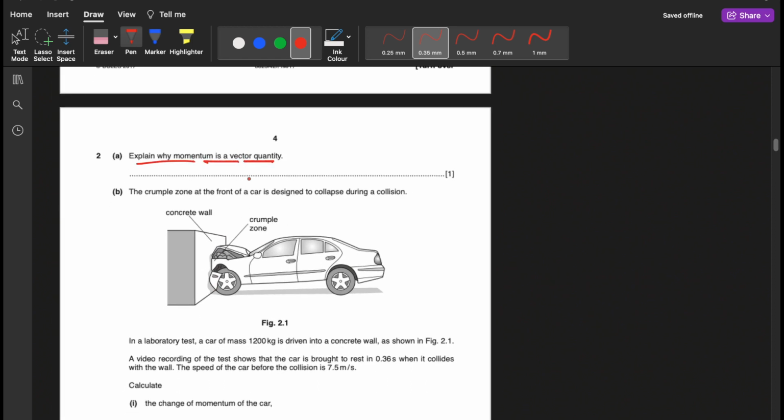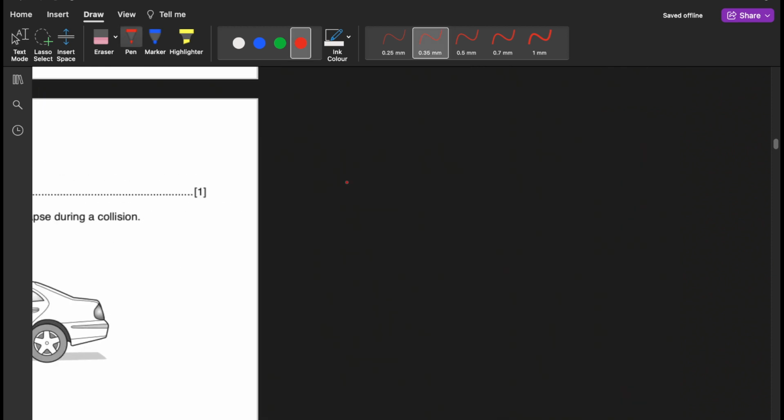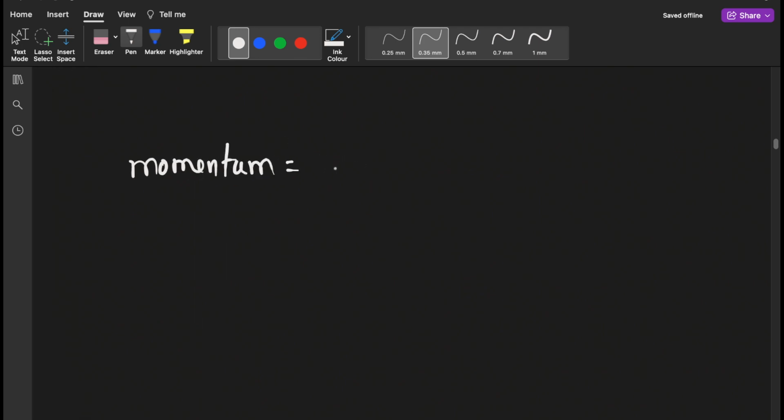Explain why the momentum is a vector quantity. What is momentum first? Just tell me the formula, because there is not much explanation that we provided.